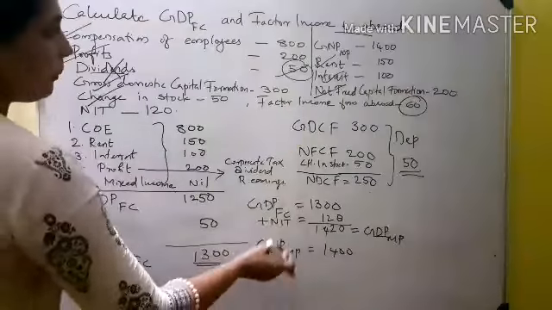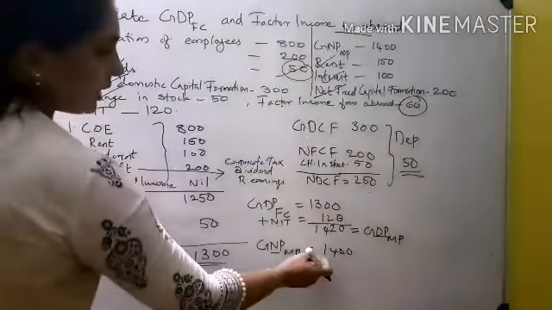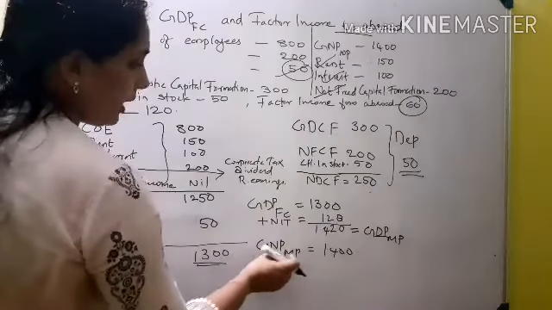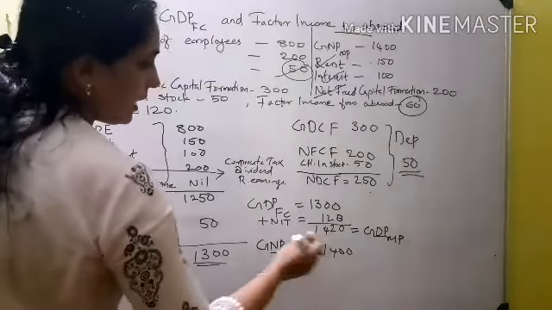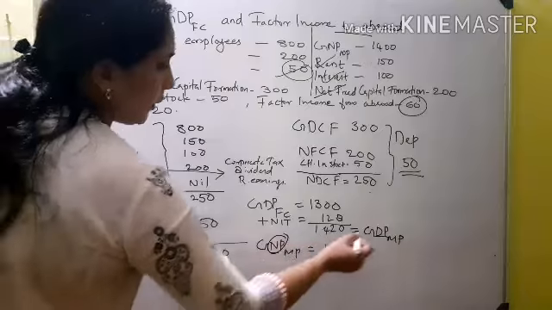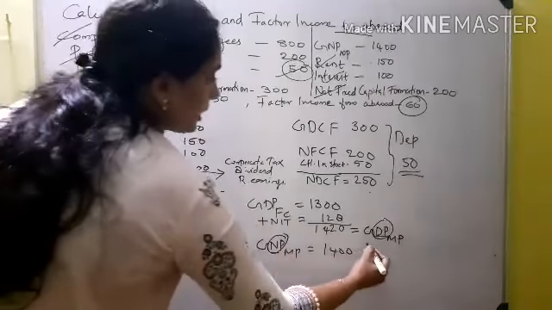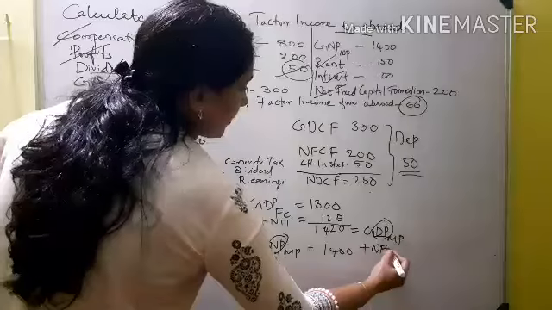GNP MP given in the question is 1400. Gross is the same, market price is the same. The difference is national product and domestic product. Domestic to national means plus NFIA.